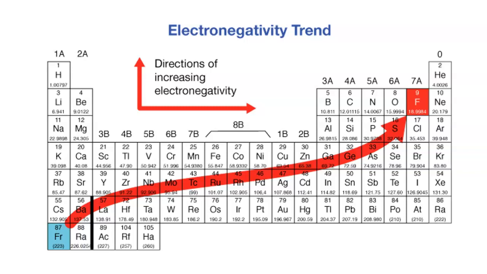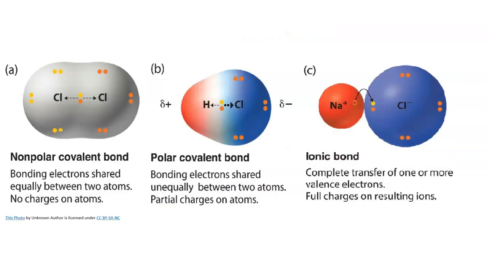The closer an element is to fluorine, the more electronegative it is. Which is more electronegative, carbon or chlorine? Well, chlorine is more electronegative because it's closer to fluorine. So chlorine is more electronegative than carbon, and that's how we come up with that.